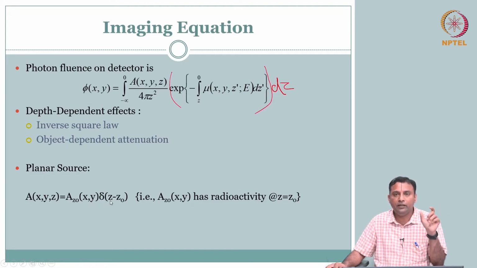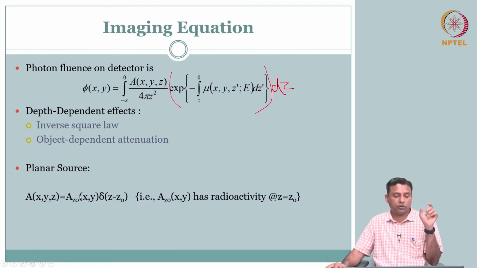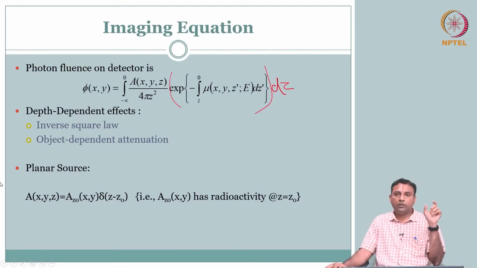From z you have taken a location z naught. So the radioactivity A(z naught) is the radioactivity at z equal to z naught. So you are taking a plane. Now your 3D radioactivity source is made into a planar source at location z equal to z naught.